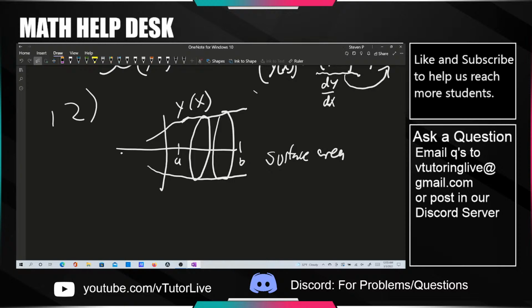Surface of revolution. I mean, it should just be some equation. It looks a lot like the arc length thing. Off the top of my head, it's kind of like pi y squared times 1 plus y prime squared, maybe? Does this ring a bell? I'm not confident about this, so you've got to double check it.